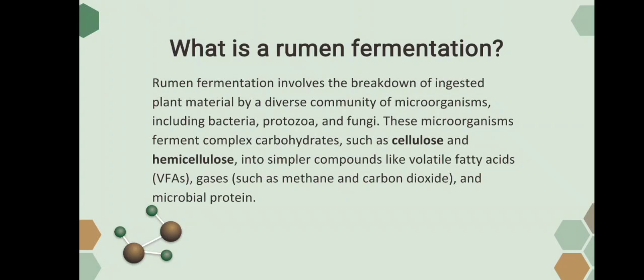These microorganisms ferment complex carbohydrates such as cellulose and hemicellulose into simpler compounds like volatile fatty acids, gases such as methane and carbon dioxide, and microbial protein. So these microorganisms are found inside a ruminant, basically in their digestive system.